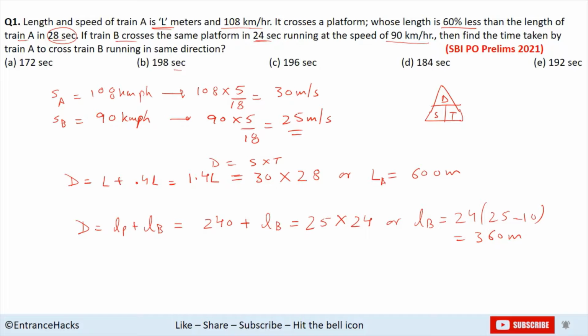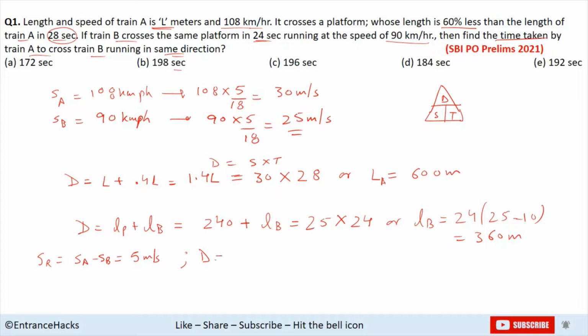Now we have to find the time taken by train A to cross train B running in the same direction. Since they are moving in the same direction, the relative speed would be the difference of speeds, that is SA minus SB, equal to 5 meter per second.